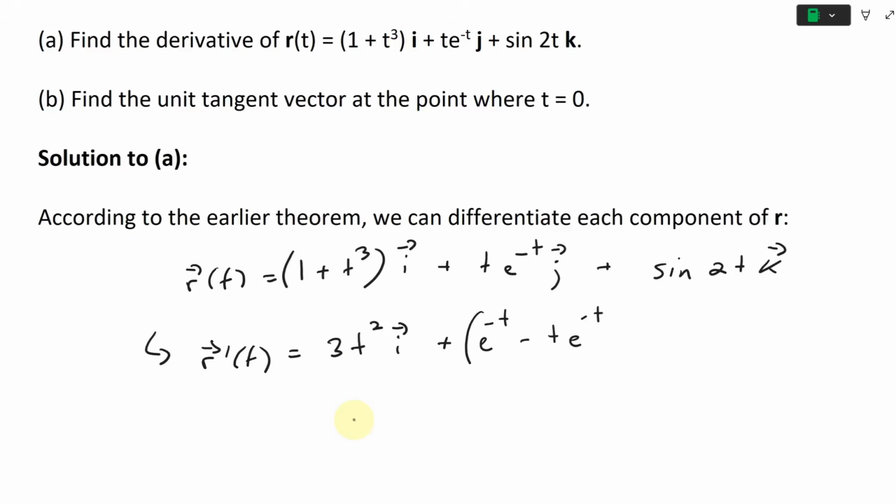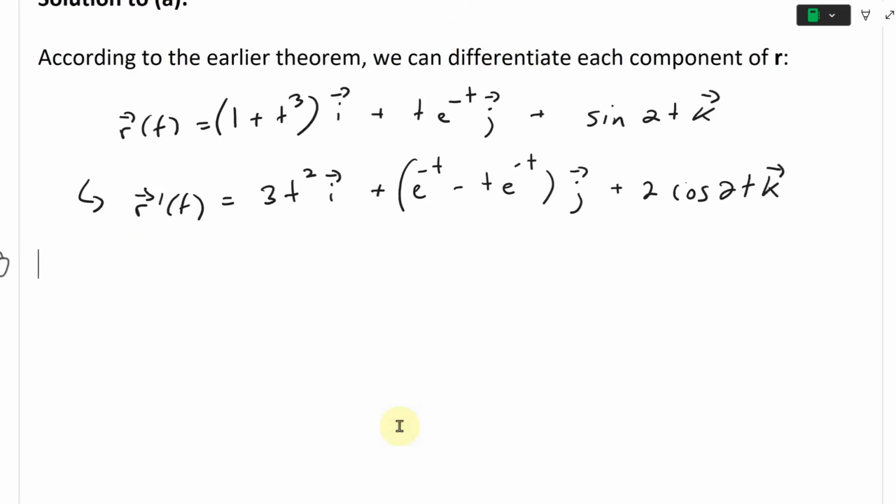So this becomes a negative 1, and this is going to be j. Now the derivative of sine of 2t equals cosine of 2t, and then the derivative of 2t is just going to be 2. So put the 2 in front, 2 cosine 2t k vector.